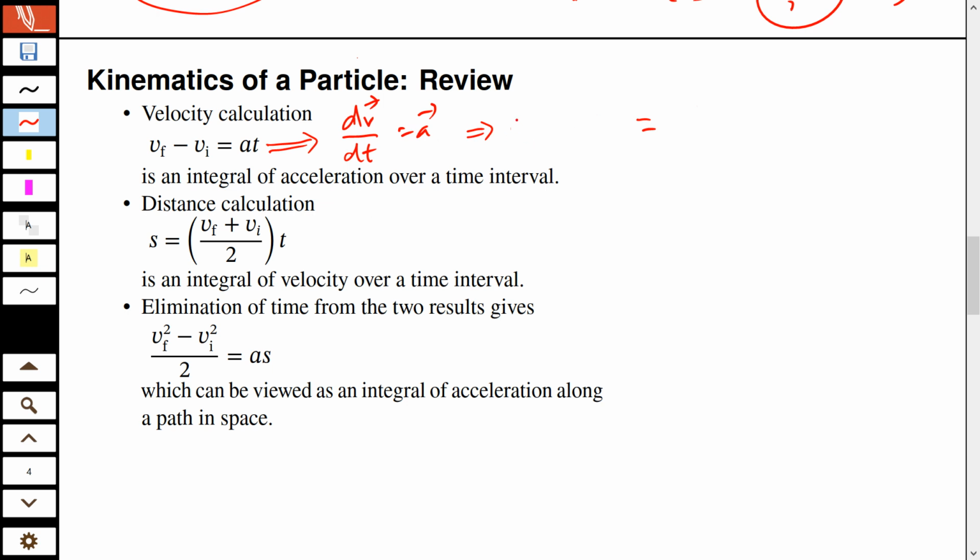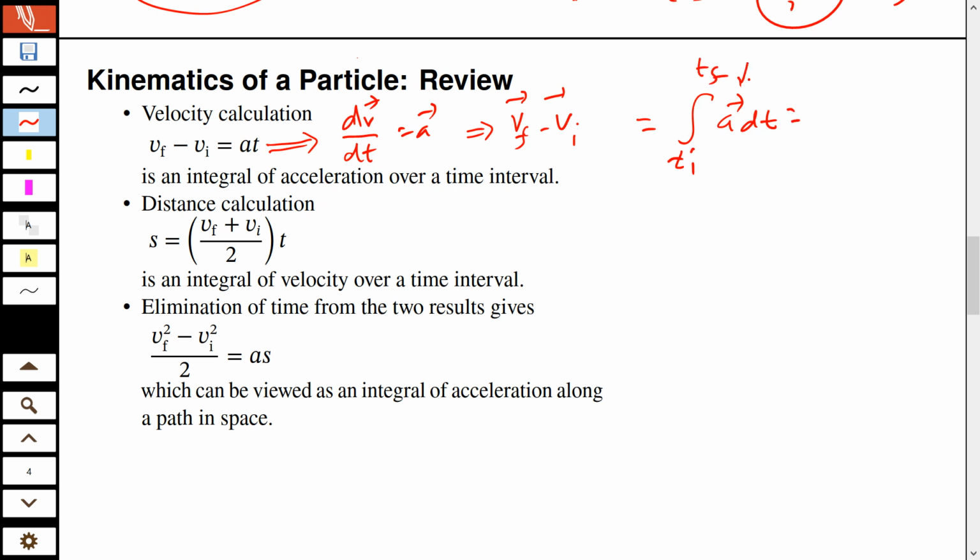On the left hand side, the integral of v dot is vf minus vi. And the integral on the right hand side will be something like this, between ti and tf.